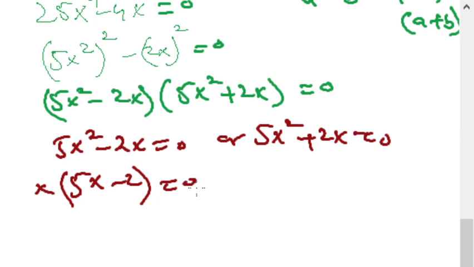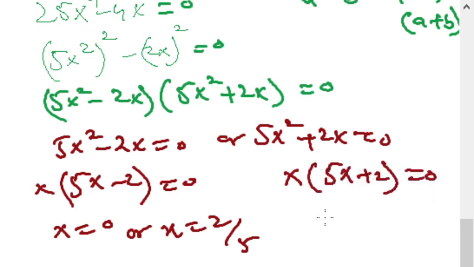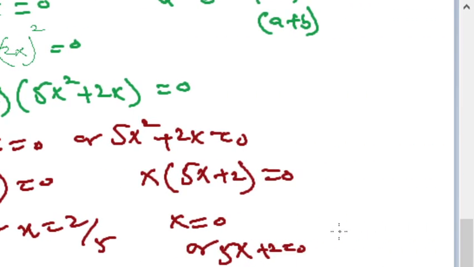So these things give us x is equal to 0 or x is equal to 2 over 5. And similarly here, x is common. So x into 5x plus 2 equal to 0. So x is equal to 0 or 5x plus 2 equal to 0. And this gives us x is equal to minus 2 over 5.